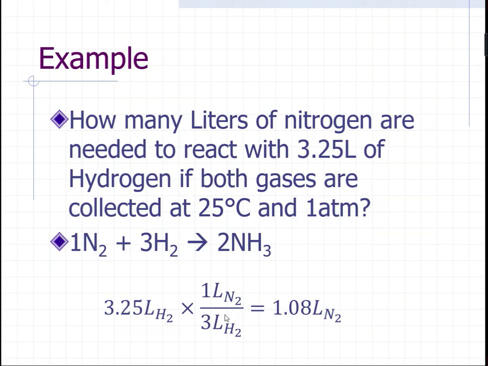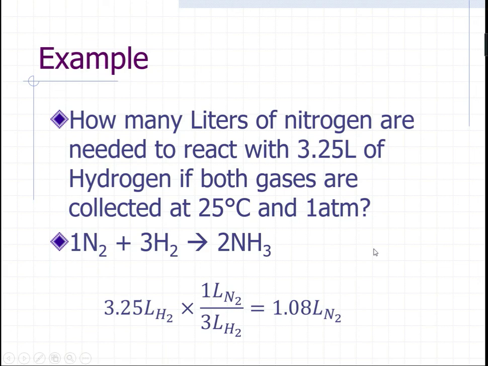And as we said earlier, exact numbers don't count in your sig fig calculation. So this has 3. This visually appears to have 1, but they both have an infinite number of sig figs, so they're exact. So we ignore them. So our final answer can have 3.